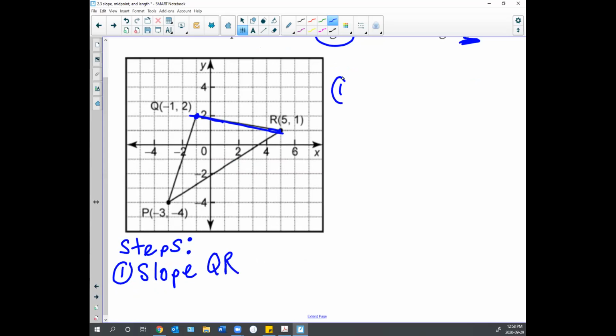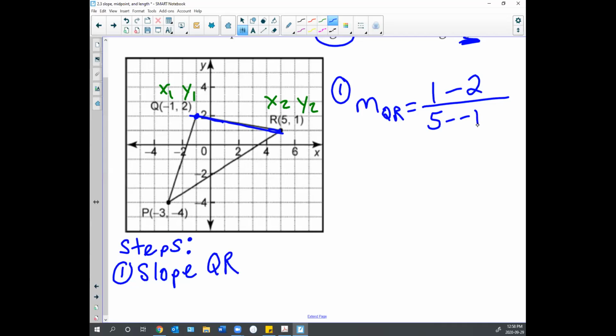This is a grade 9 formula, so we should be pretty comfortable with it. I'm going to label x1, y1, x2, y2, plug them in and start working. So the slope of QR is 1 take away 2, over 5 take away negative 1.